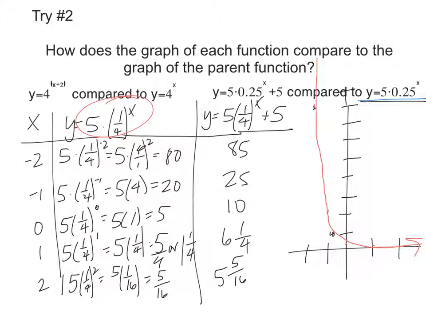That's a little better. Alright, and then the blue one, which is the second one, that's going to be -2 and 85, so a little higher. -1 and 25, 0 and 10, 1 and 6 1/4, and then 2 and 5 5/16.